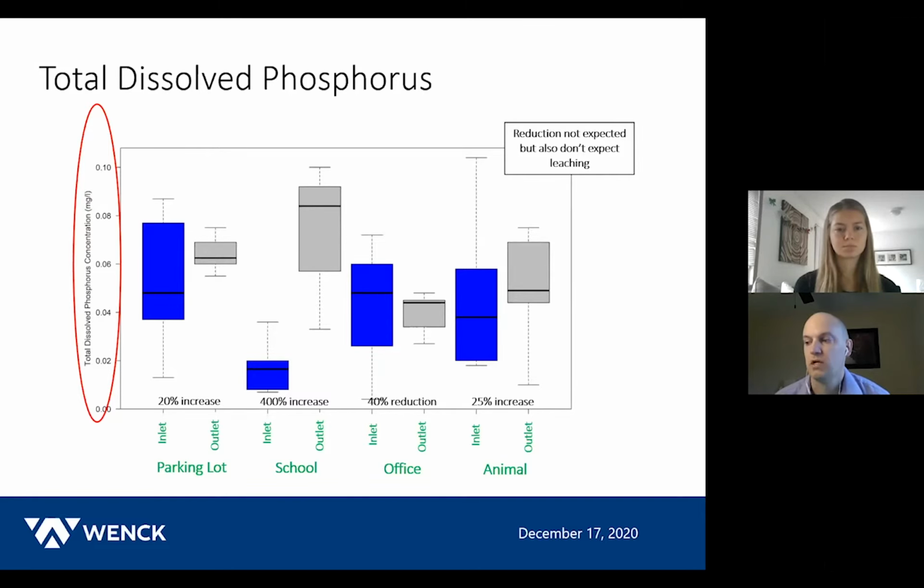Similar to the previous 2 pollutants though, our influent concentrations and effluent are very low. So yes, we're seeing some pretty significant percentage increases, but probably not all that concerning in terms of downstream resources because that concentration is so low.